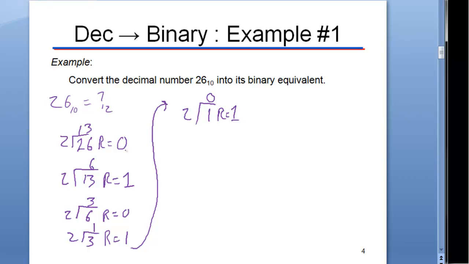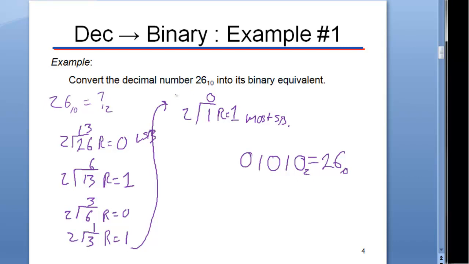And then 1 divided by 2 is 0 times with a remainder of 1. Basically we have our LSB here and our most significant bit there. From right to left we have 0, 1, 0, 1, and 1. Whoops, I read that wrong.